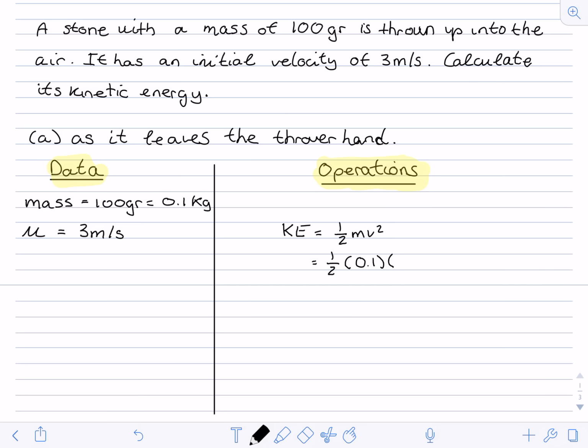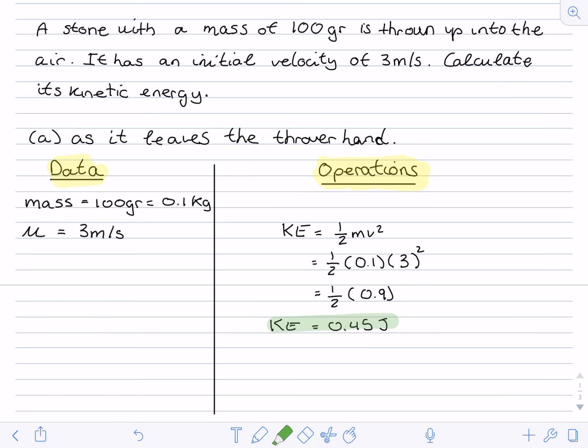So the final velocity is going to be 3 squared. So now we have this, we get 0.9, so this is going to be 0.45 joules. Always remember to put the unit. Okay, so this is going to be our result.